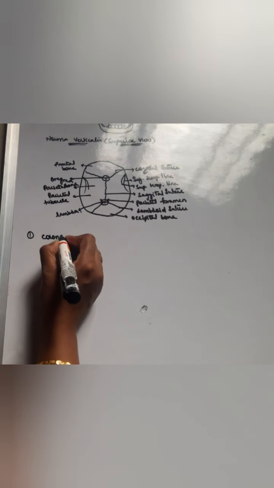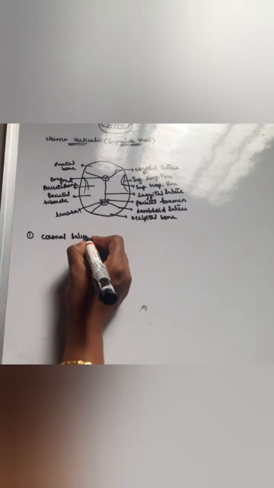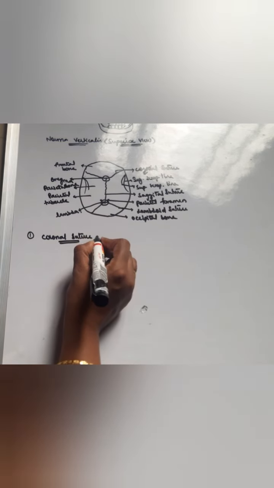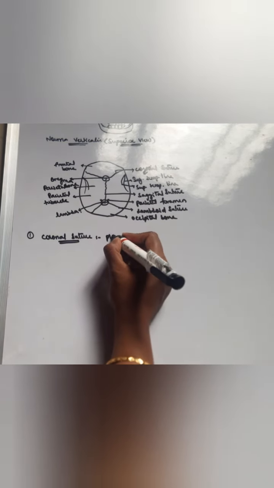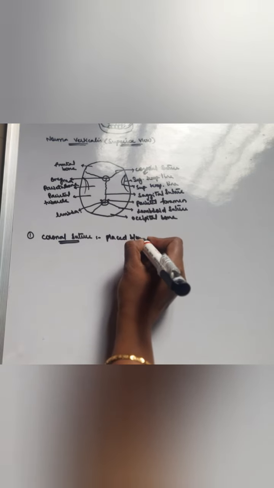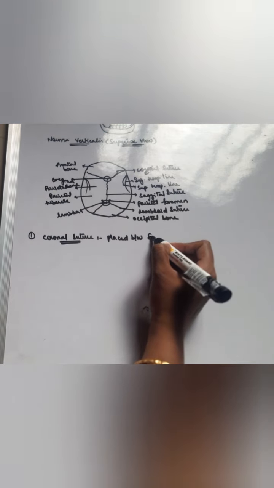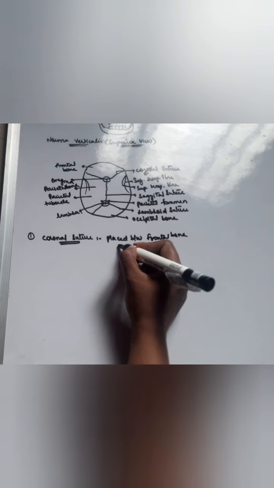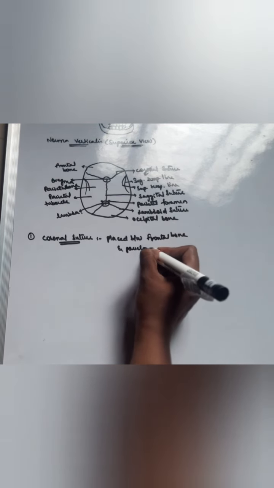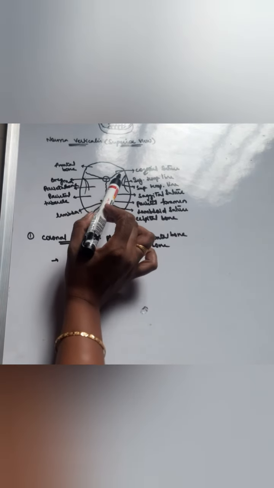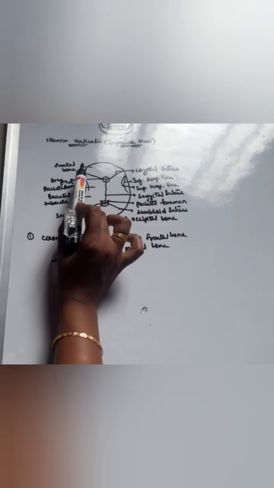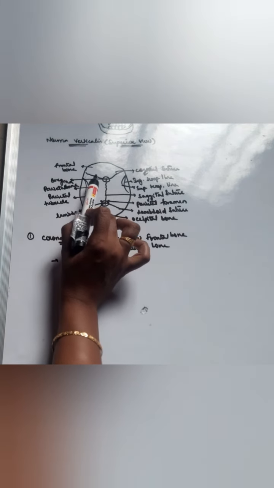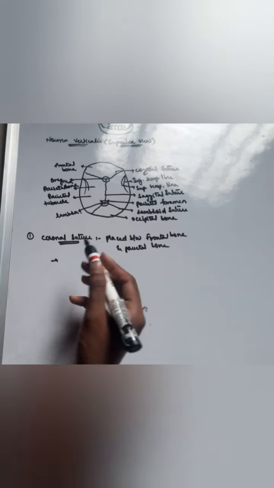Let's see about the coronal suture in detail. What is coronal suture? This is the suture which is placed between frontal bone and the parietal bone, and this suture crosses the cranial vault from side to side, from one side to the other side.